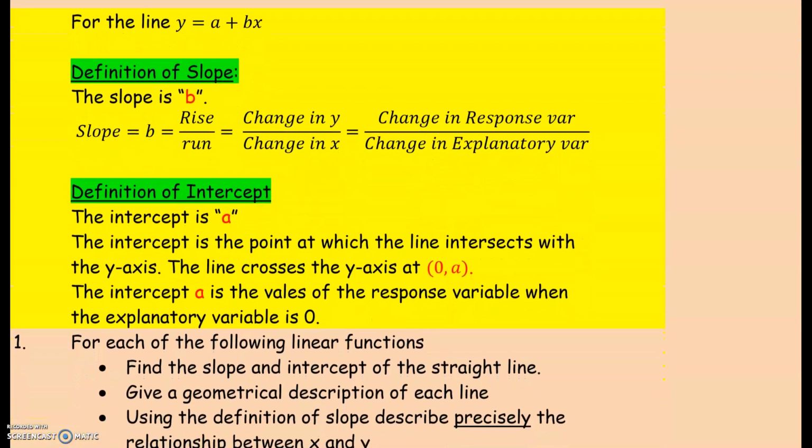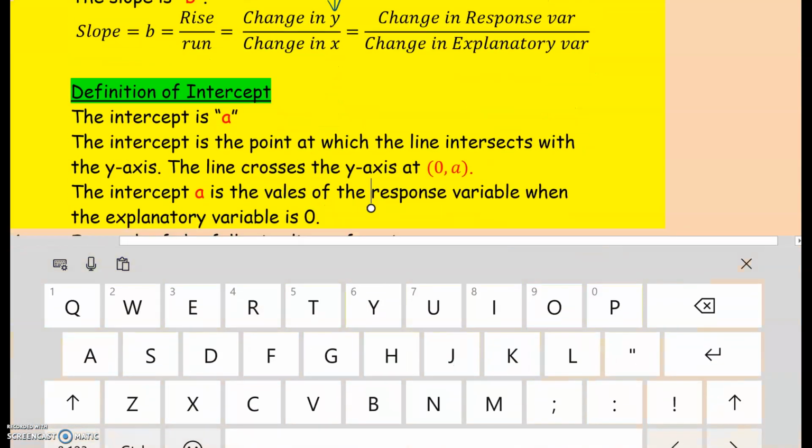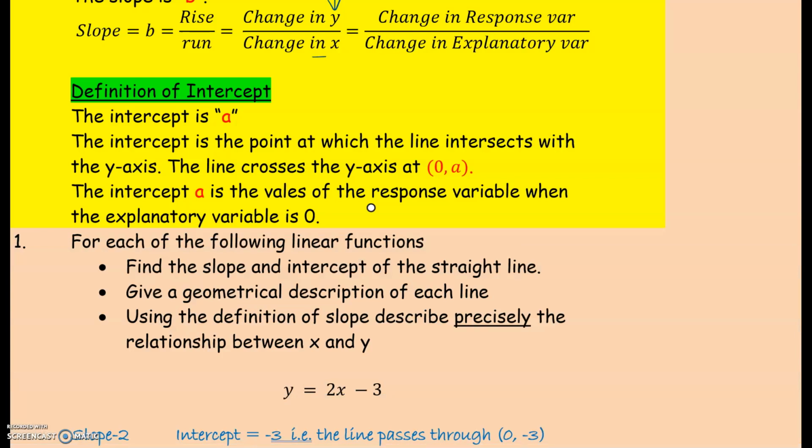Now, let's remember the definition of slope. When you studied algebra, the definition of slope is rise over run. Rise is vertical, run is horizontal. Rise is the change in the vertical direction, the change in the y coordinate, and run is the change in the horizontal direction, the change in x.